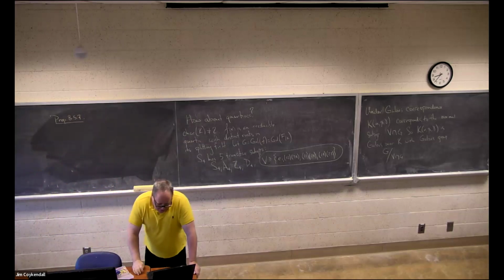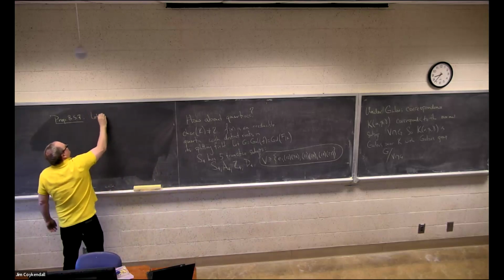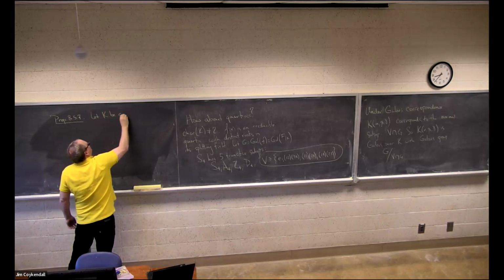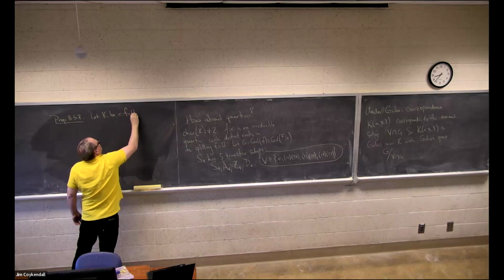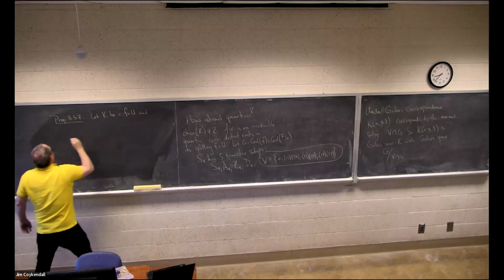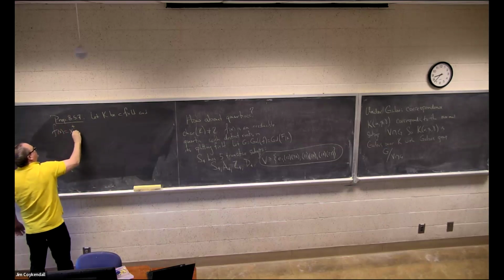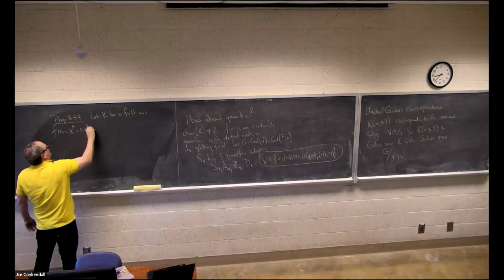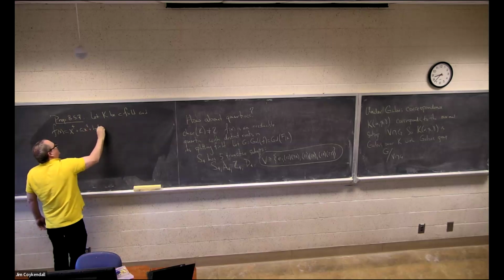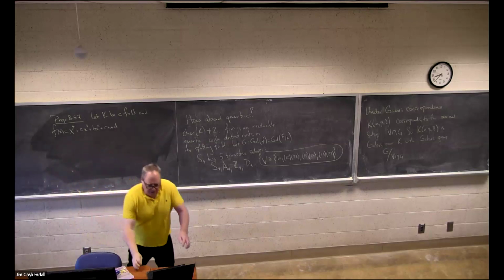Let K be a field and f a quartic, x to the 4 plus ax cubed plus bx squared plus cx plus d. So we have this polynomial right here.